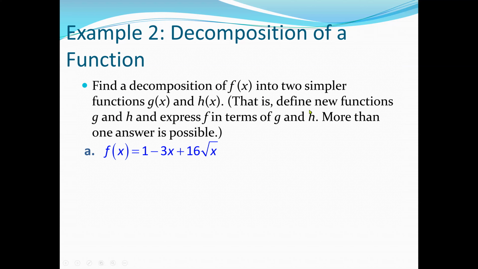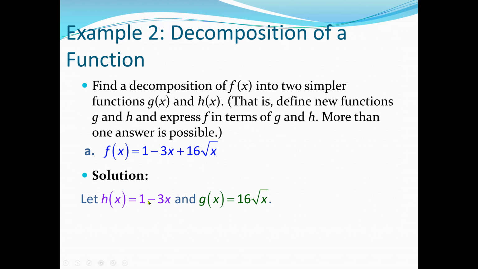So defining new functions g and h, express f in terms of g and h. We have a function f at x equal to 1 minus 3x plus 16 square root of x. So the solution here, we can say h at x equal to 1 minus 3x, and g at x equal to 16 square root of x. So then we know that f at x equal to g at x plus h at x.